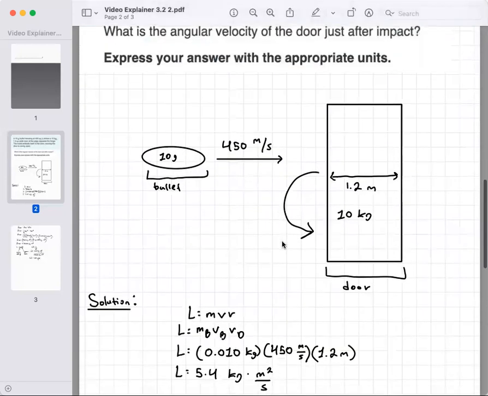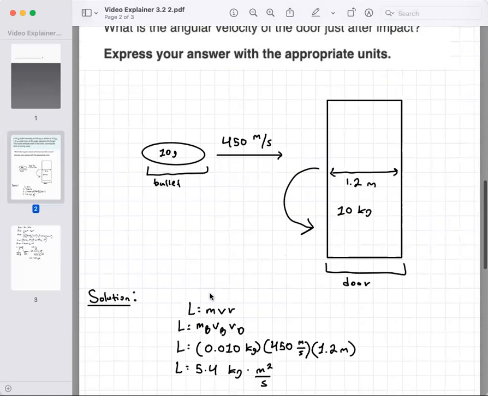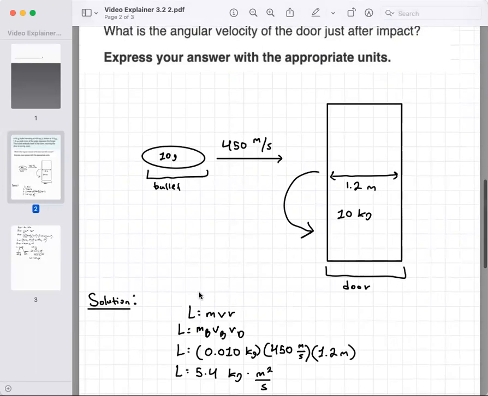First we're going to be solving for the angular momentum of the bullet and the door. The angular momentum can be expressed through this equation where L equals mvr, where m stands for the mass of the bullet, v stands for the velocity of the bullet, and r stands for the width of the door.